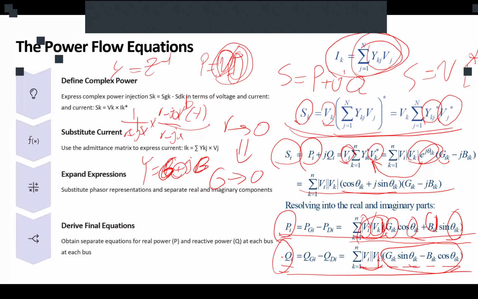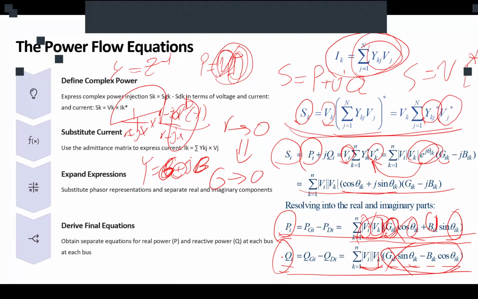If you do those multiplications, you would find that G is a function of R in the denominator, and B is a function of X in the denominator. And the denominator is a constant number. So if R goes to 0, that means G goes to 0. Are we good? So if G goes to 0, this term and this term are eliminated.